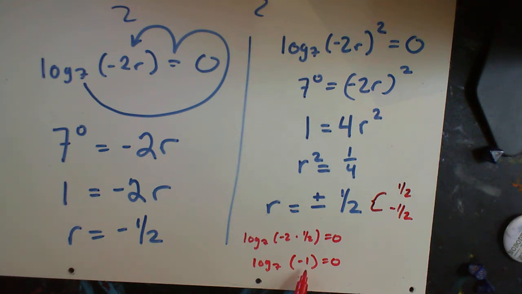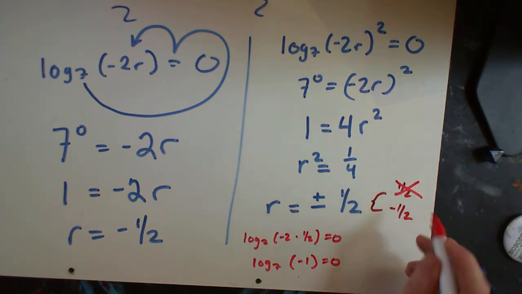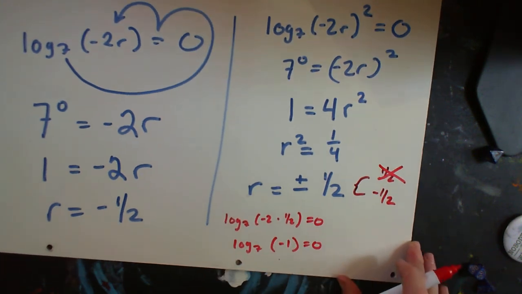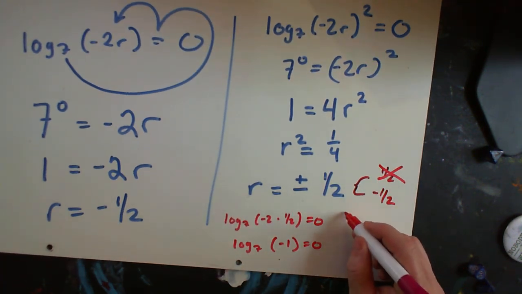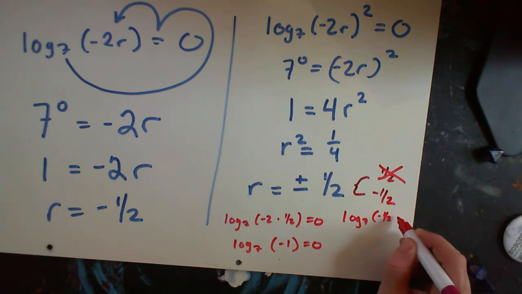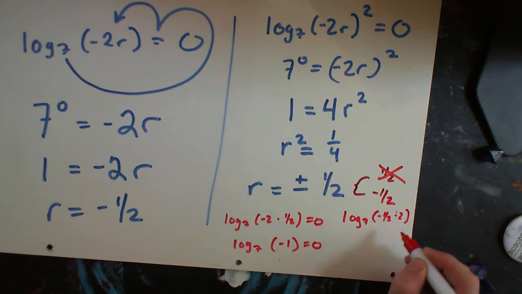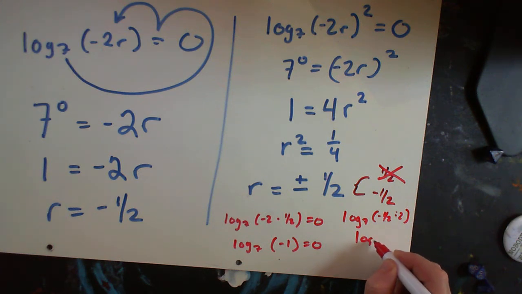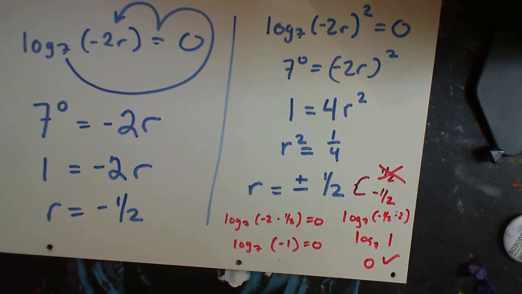If you recall, you can never, ever, ever, ever put a negative number inside of a logarithm. So this answer does not actually work. If we plug in the negative 1/2, though, we get log base 7 of negative 1/2 times negative 2, which would be log base 7 of 1. And yes, in fact, that does equal 0.